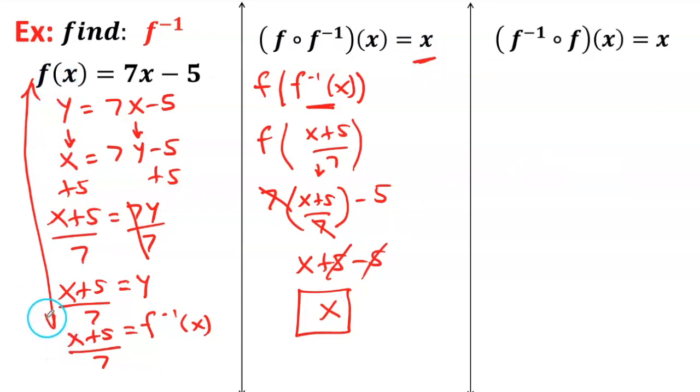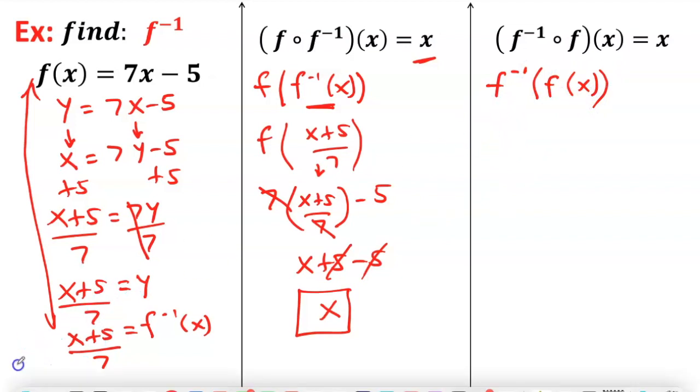Another way that we need to double check is f inverse of my function. So the order changes. F inverse of my f function. Here, my inside function is f of x. So I keep that inverse on the outside and I replace my f of x, which is 7x minus 5.